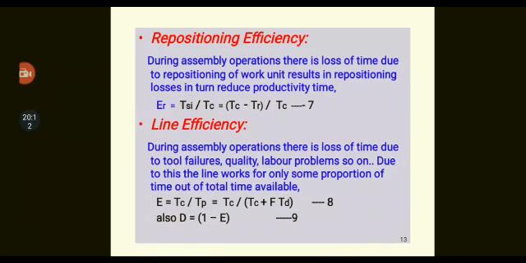Line efficiency is given by capital E, and the formula is E = TC / TP, which is equal to TC / (TC + F × TD). We have another formula, D, where D = 1 − E.